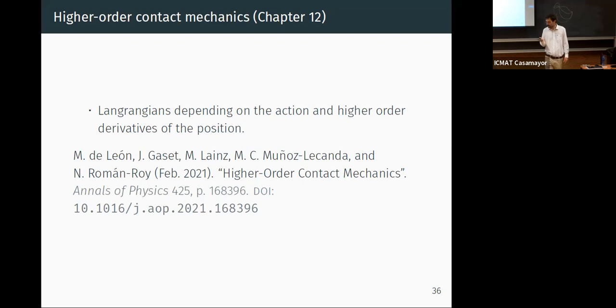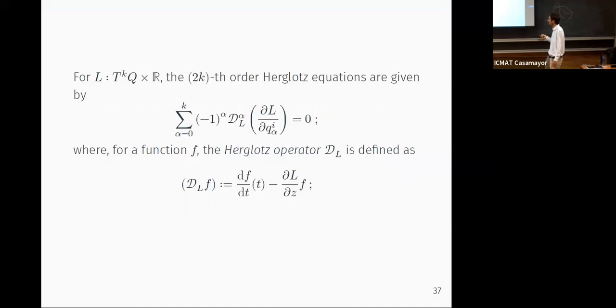Another thing we have worked on is higher order contact mechanics, where we let our Lagrangians depend, apart from the action, on the positions, on the velocities, on the accelerations, and on higher derivatives of the positions. Here you get these equations.